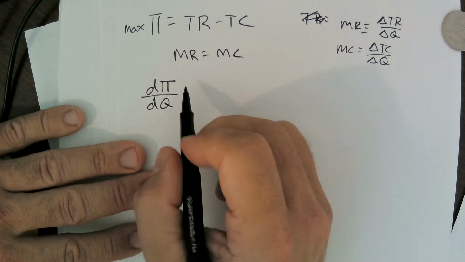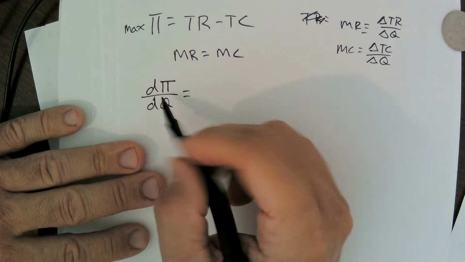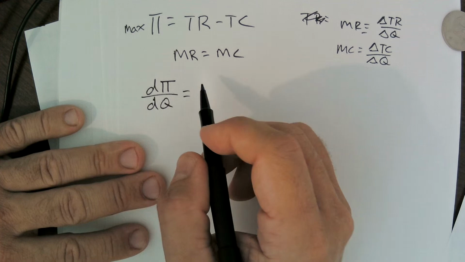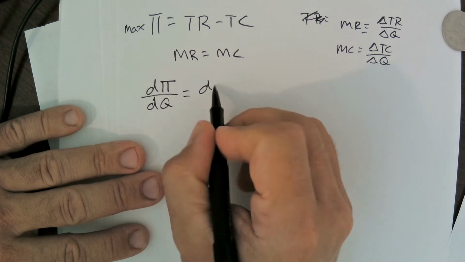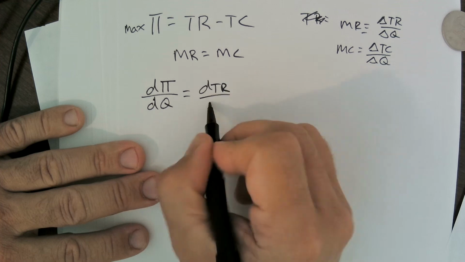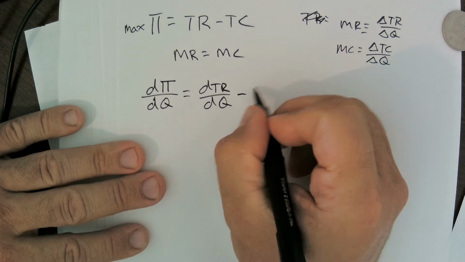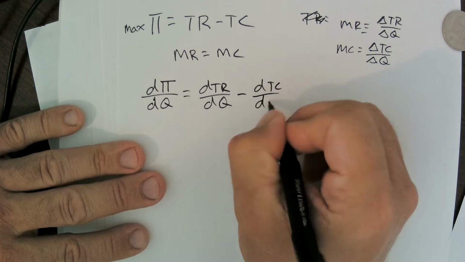It's a little different than in your book, that's fine. So look at this. This is going to be decomposed into a change in total revenue with respect to Q, minus the change of total cost with respect to Q.